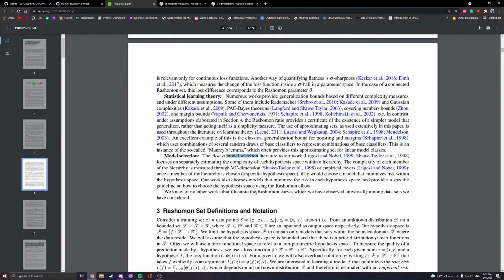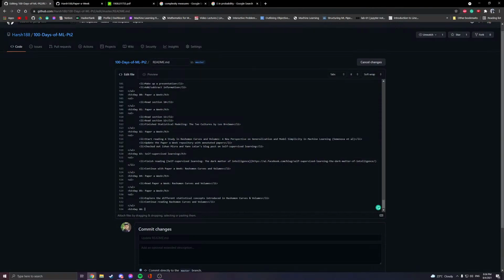Model selection. Estimating the complexity of each hypothesis space within a hierarchy. I'm just going to call it complexity measures.